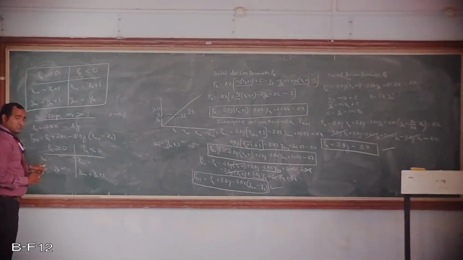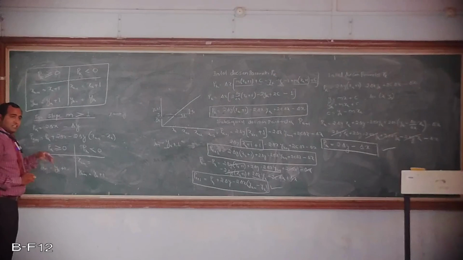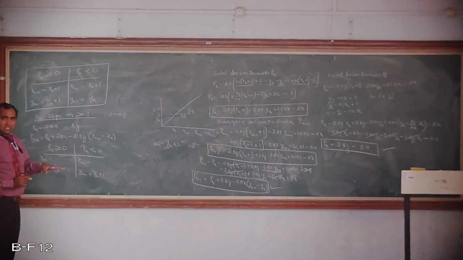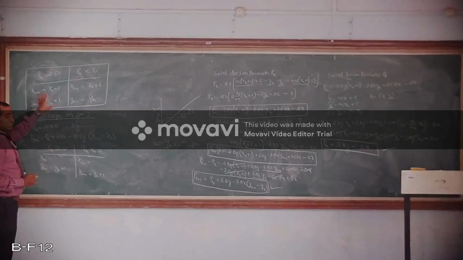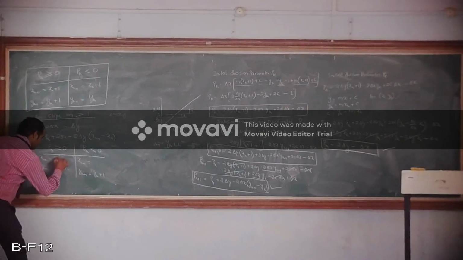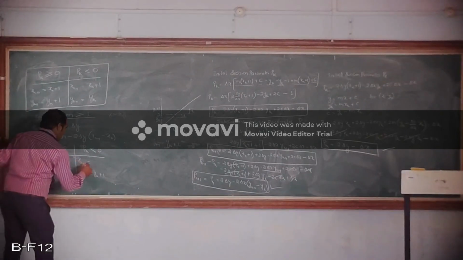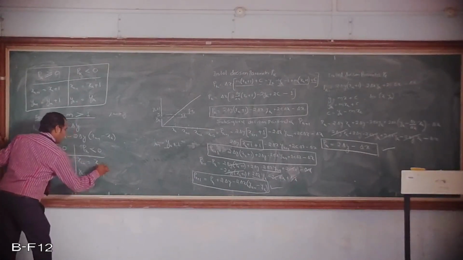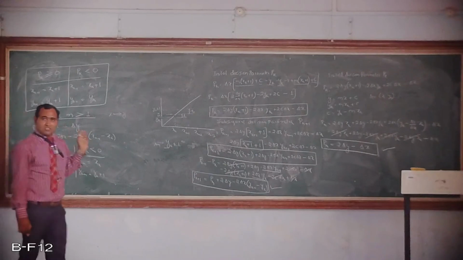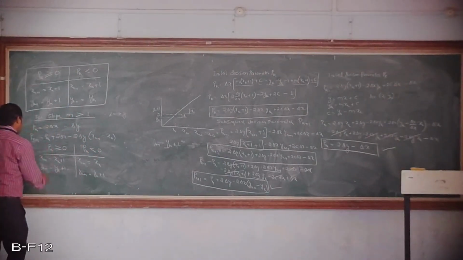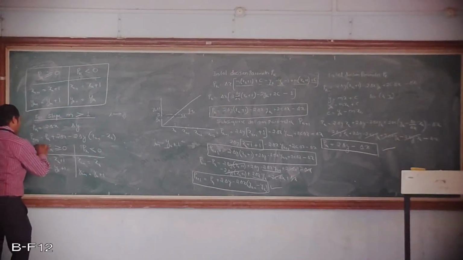Next x coordinate, xk plus 1, it can be xk or it can be xk plus 1. How we have written here? The same way. Here it will be xk. Okay, so these formulas we need to remember while solving the problems.